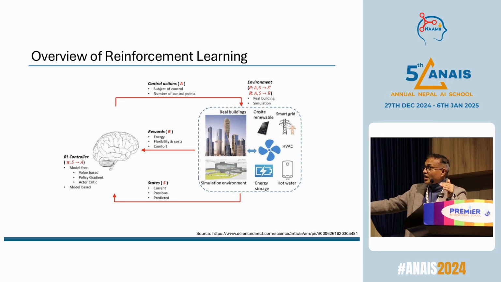Then we have an RL agent, a software system let's say, that takes certain actions on this energy system, and these actions will optimize the objective function. Later on, I'll talk about this objective function as well.